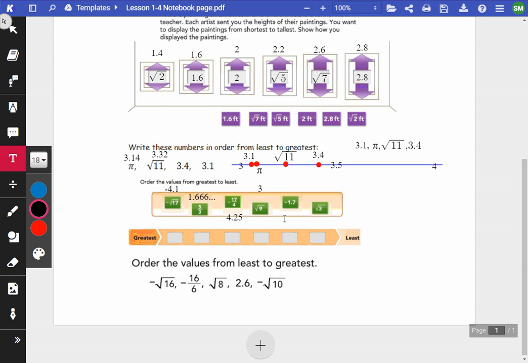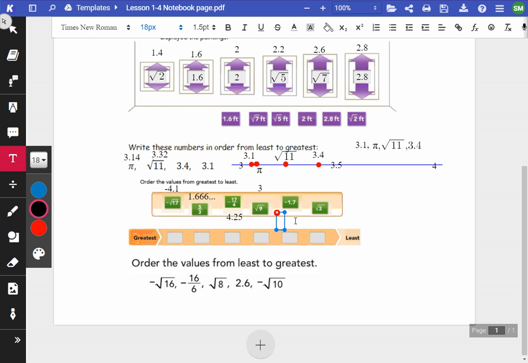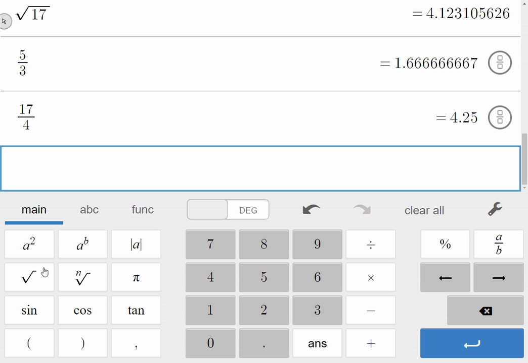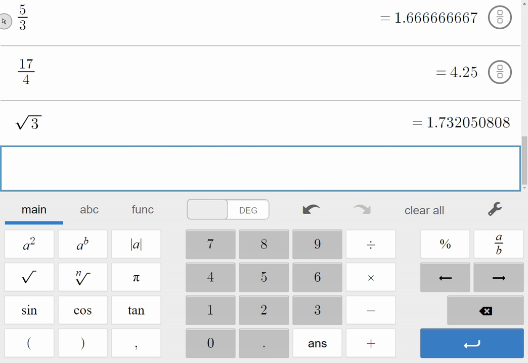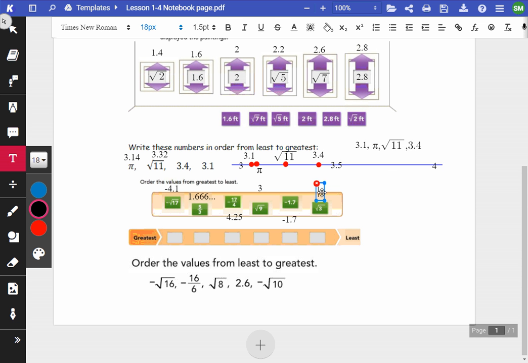Negative 1.7 is negative 1.7. And the square root of 3, go into my calculator again, about 1.7. So 1.7. All right, now remember, numbers that are more negative are least.